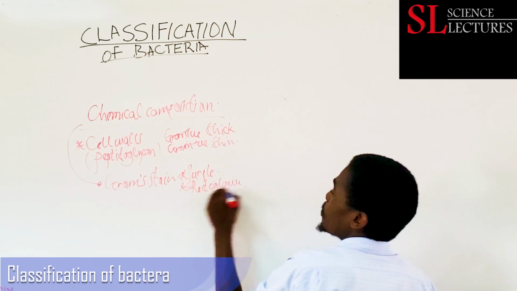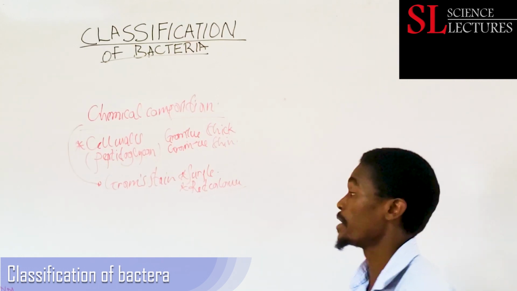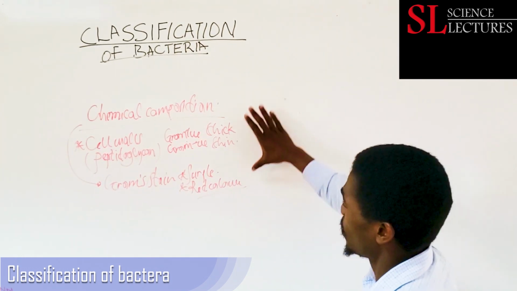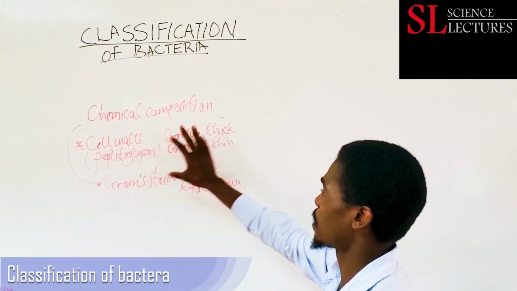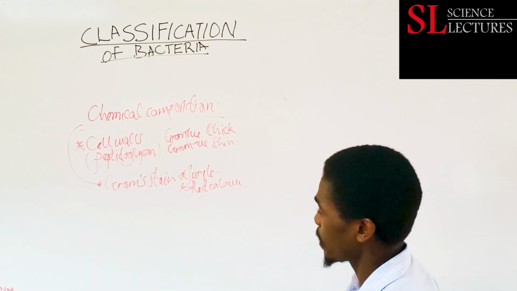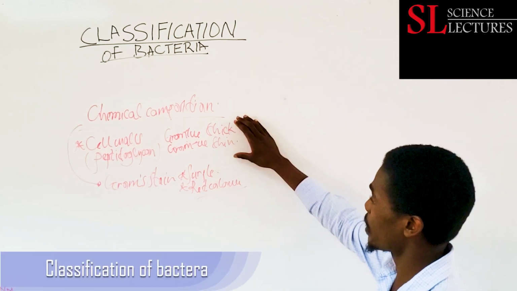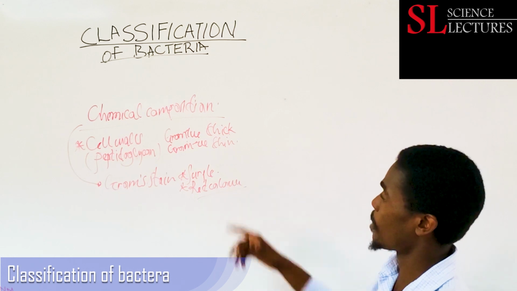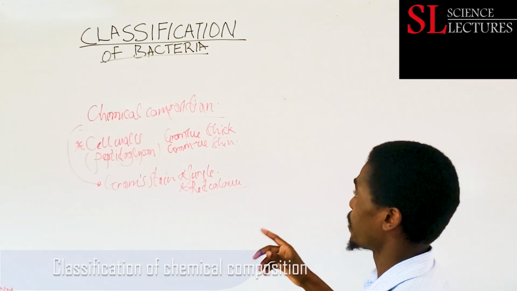And we will go into deeper details in our video of gram staining, how we stain these bacteria. So chemical composition, basically we are looking at how these bacteria behave when stained with a stain like Gram stain. Gram positive will be purple, gram negative, the cell wall will show a red color.